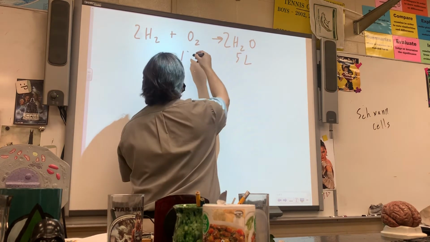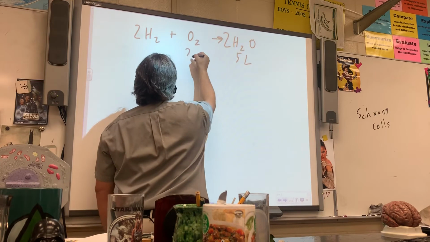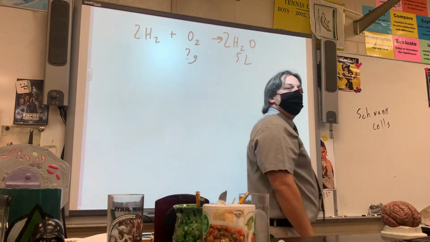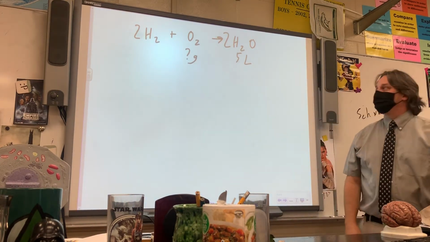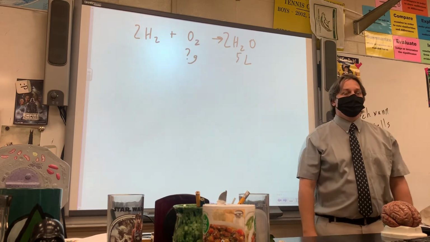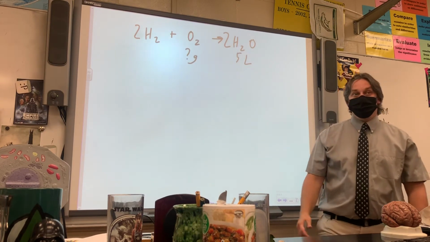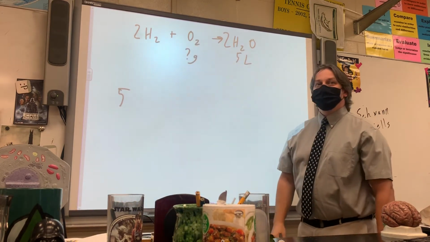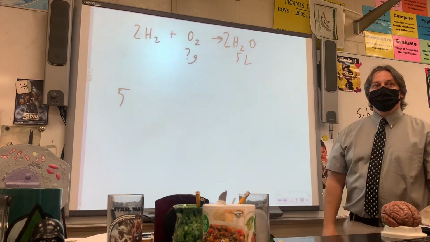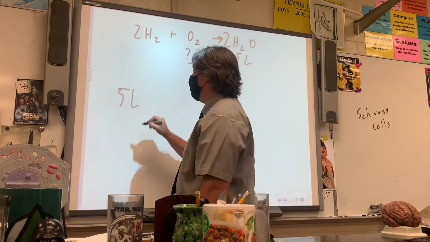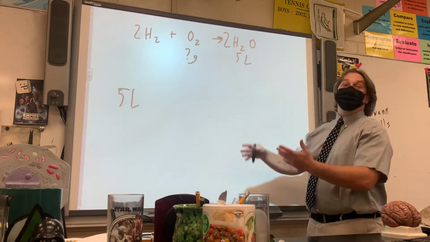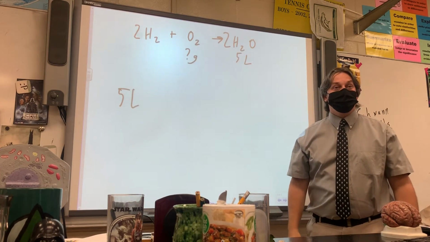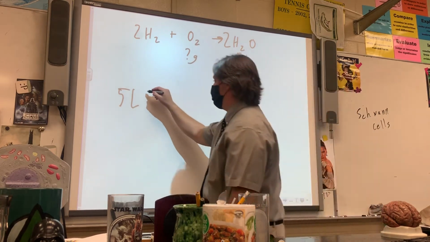No, I want to know how many grams of oxygen I need to make 5 liters of water. What am I going to write down first? What you have. Which is? Hydrogen and oxygen. Wait, 5 liters. But I got more than one thing up there, so I need to be more specific. 5 liters of water. H2O.